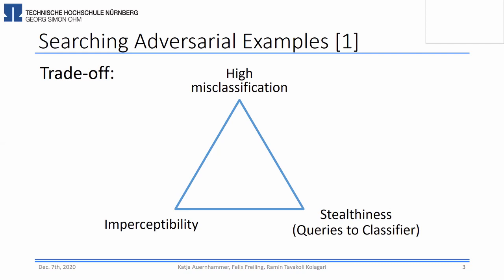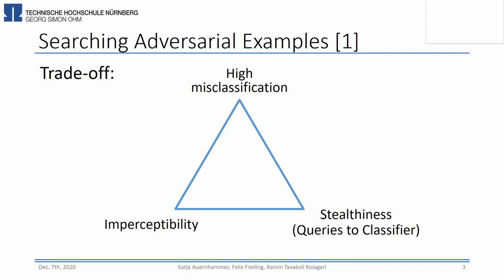The adversarial examples should be imperceptible. That means that they are almost non-perceptible and, compared to the original image, should look the same to the human eye.